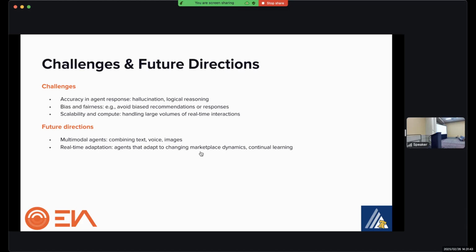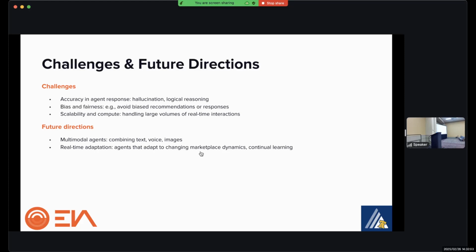And logic reasoning is another challenge that impacts accuracy in agents' interaction as well. We all know a large language model, out of the box, has limited capability in terms of logical reasoning.